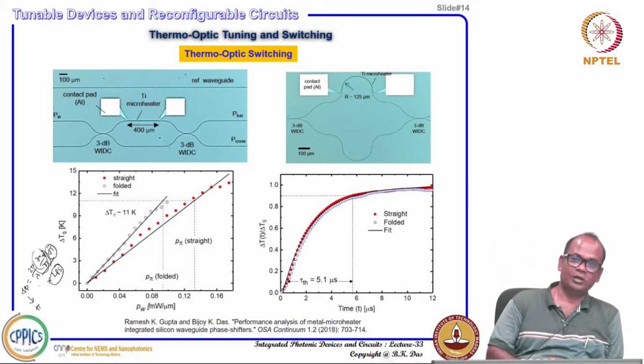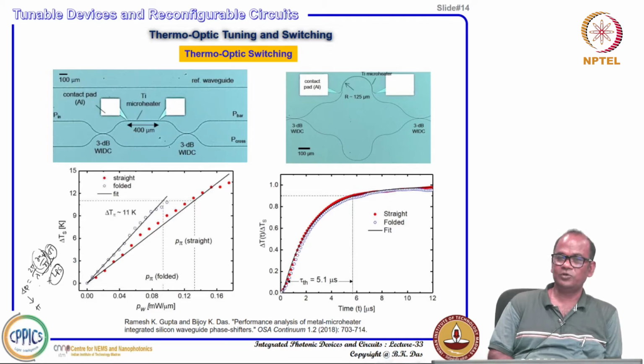As I mentioned earlier, you should be very careful that the temperature rise should not be very high, so that it does not result in thermal crosstalk to other devices.